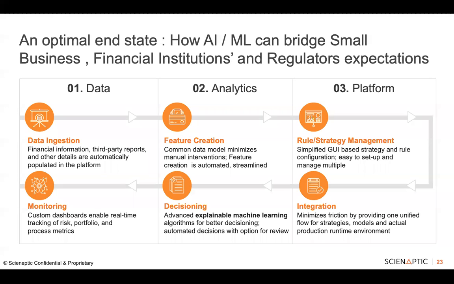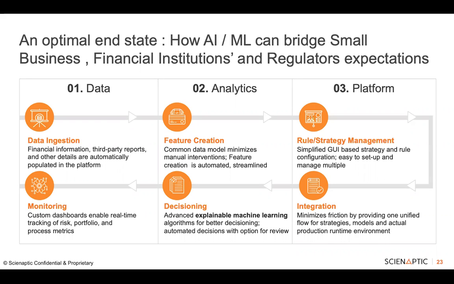Starting with ingesting all the information about the business or the associated customer into the financial institution's ecospace is the starting point, which feeds then into the sharp analytics of feature creation and predictive elements, which are used in a streamlined platform for your strategy.